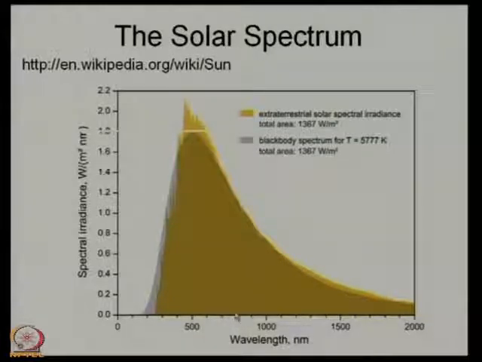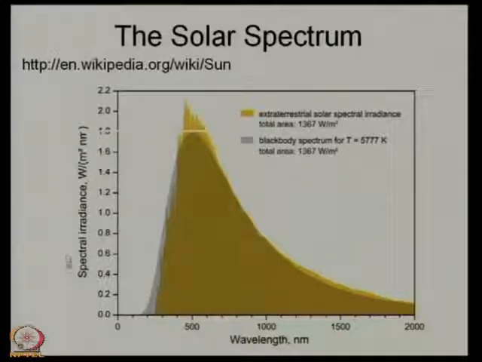There are a few interesting things that one should note here. The first thing is that the solar spectrum, the spectrum of the radiation from the sun, peaks in the visible part of the spectrum. So the bulk of the radiation from the sun comes in the visible part of the electromagnetic spectrum.